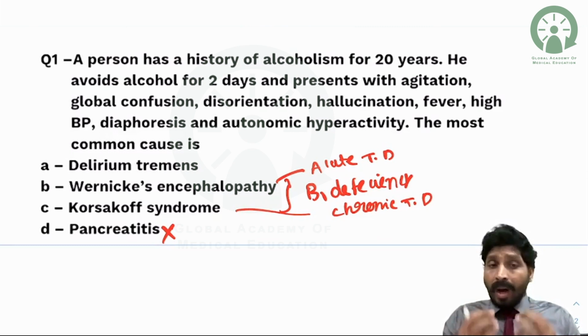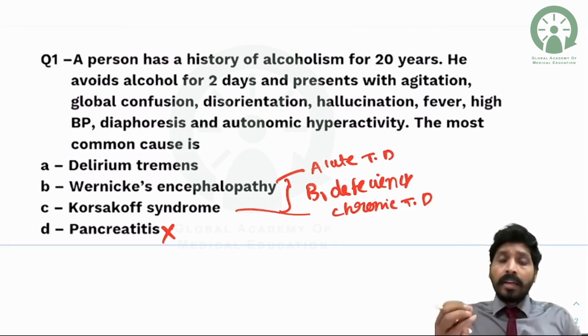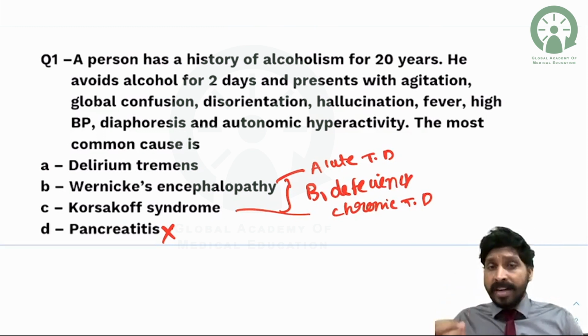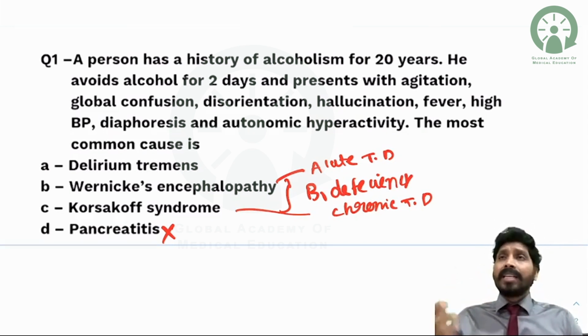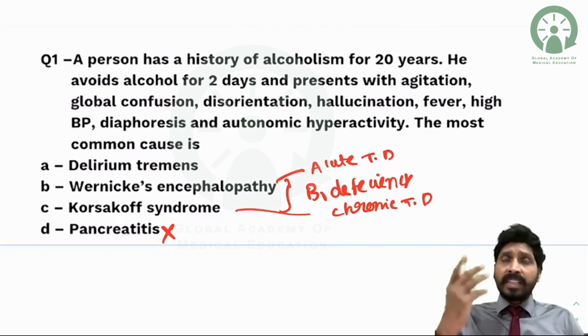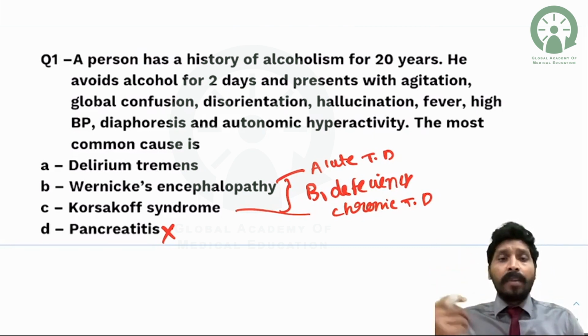Why do alcoholic people get Korsakoff syndrome? Because we have already learned that vitamin B1 absorption is interfered with by alcohol. Alcohol inhibits thiamine absorption in the intestine. So as people are chronic alcoholics, their regular consumption of alcohol prevents absorption of thiamine, and they get exposed to thiamine deficiency.